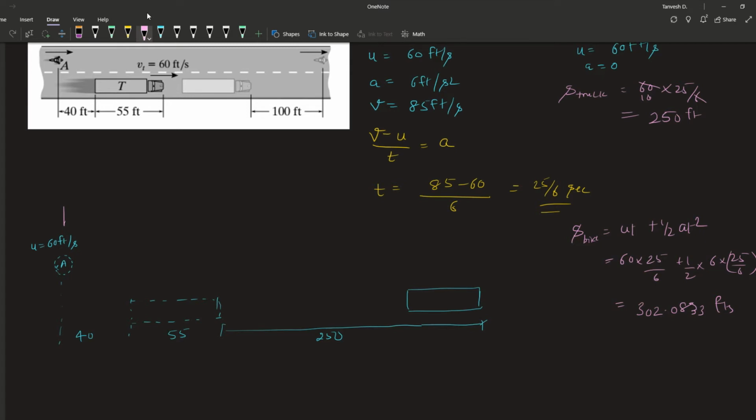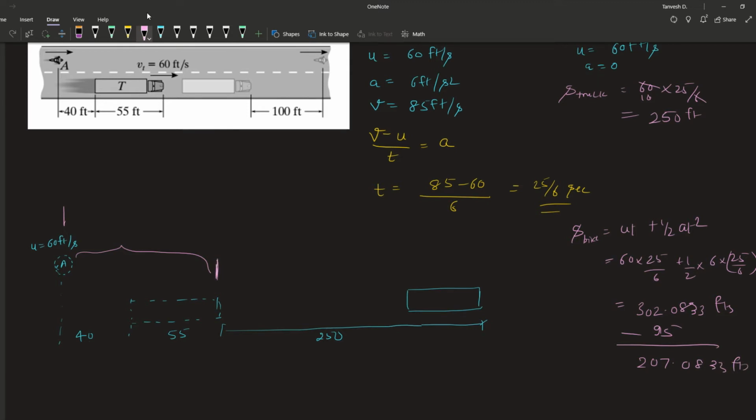So the bike has travelled 302.0833 from this position. But the first 95 feet, it just has to travel to come neck to neck with the truck, right? So how much distance has it travelled from the previous position of the truck? It will be 302 minus 95, which is 207.0833 feet.